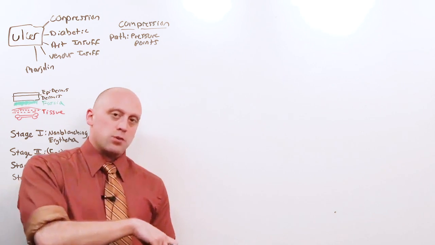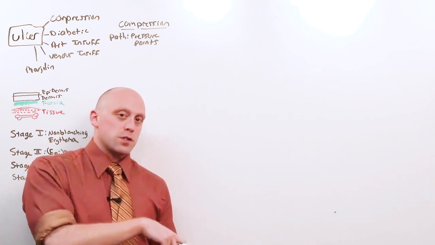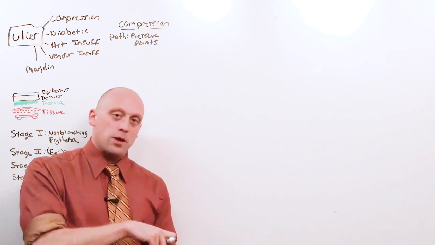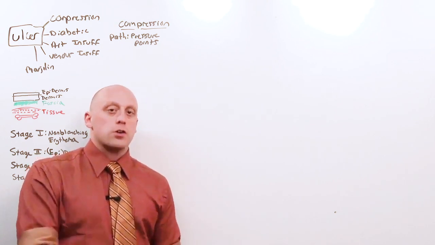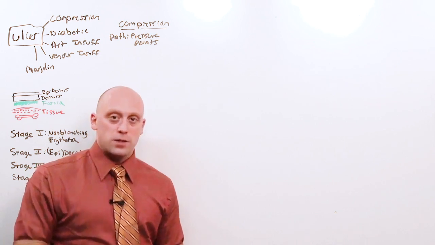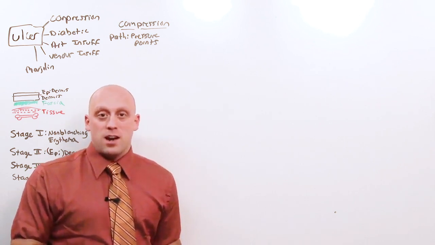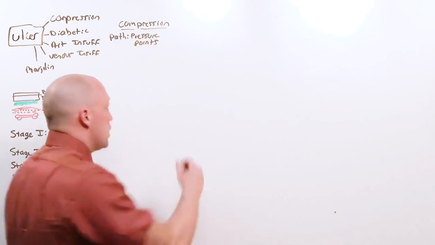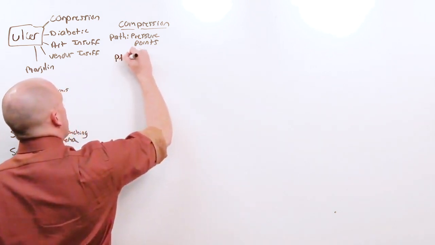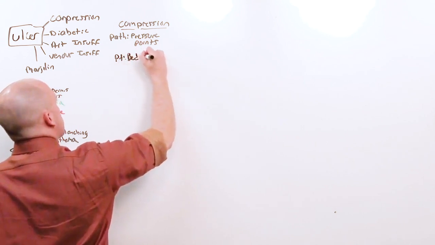And if the skin has pressure on it from the surface and pressure coming from the bone nearby, you're going to create an area of microvascular ischemia, and that tissue is going to die and you get an ulcer. So it's going to happen to people who are bedridden or wheelchair bound.